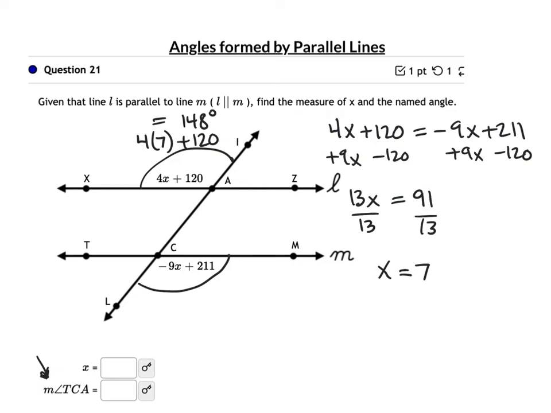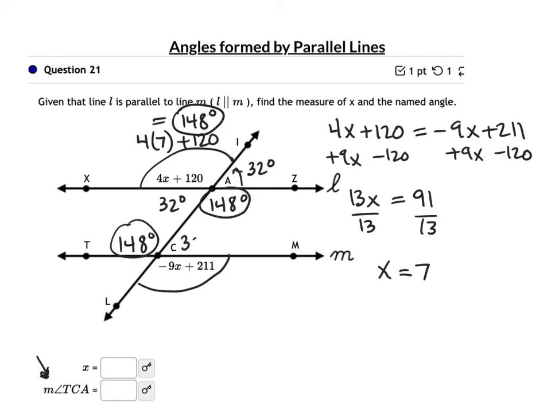Well, let's just look around the diagram here. We know that 148 plus the angle right here, where that A is, would be 180. So that's 32 degrees. This is a vertical angle. It's 32 degrees. This is a vertical angle. It's 148 degrees. This is a corresponding angle with the 148. It's 148 degrees. Notice again that there's the alternate interior, 148 and 148.